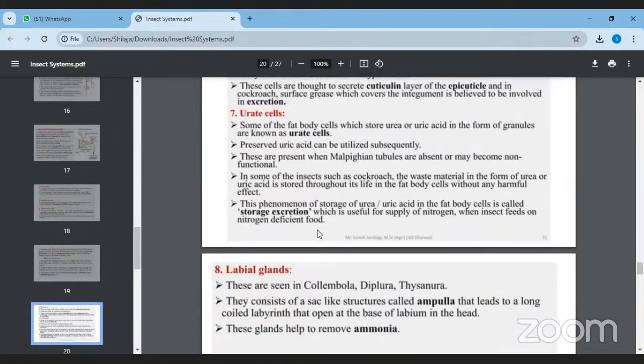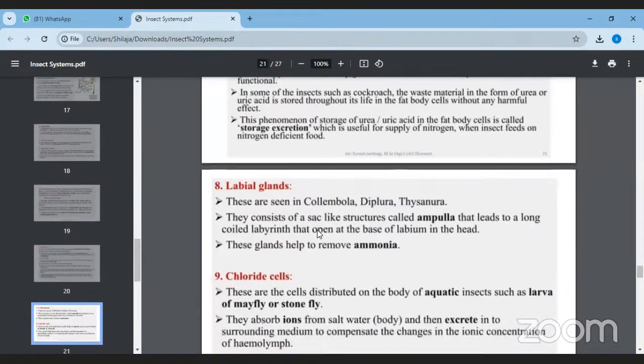Along with all that we have discussed, the labial glands also play an important role in excretion.